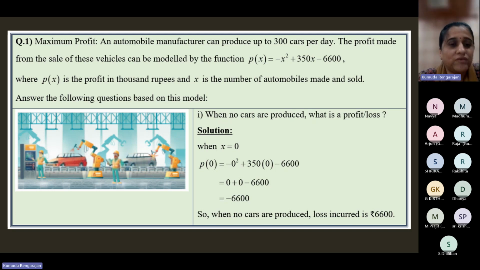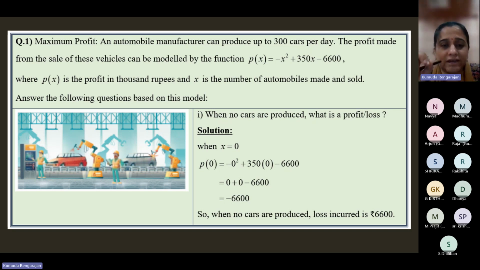Here P of x represents the profit in 1,000 rupees, and x is the number of automobiles made and sold. So if they say 10 automobiles were manufactured today, that means x is 10.